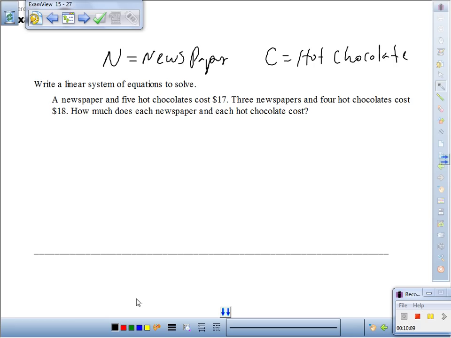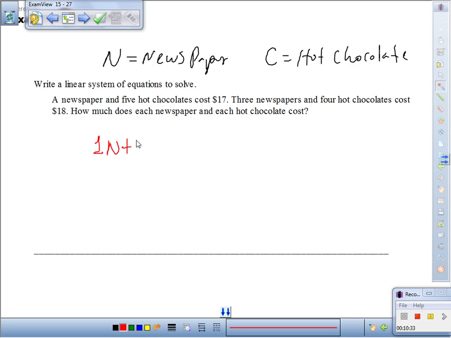Now that I have that, check this out. For this one, we don't even need to make a table. We just need to write our equation. Here we go. Let's read it. I'm going to do red first. A newspaper and 5 hot chocolates cost 17. How many newspapers? 1. So I write 1N plus what else? 5 hot chocolates.